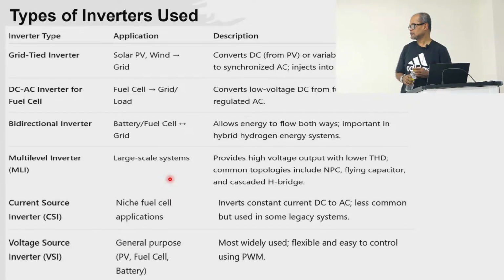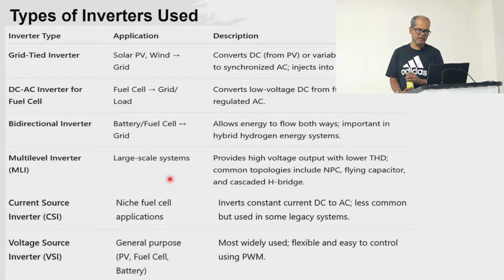Now again, there are so many inverter technologies you will find in the market, and inverters are used not only for fuel cells, but also for other grid-tied generators and battery energy storage systems. But again, the function is always converting from DC to AC.